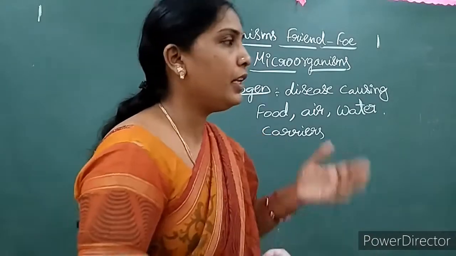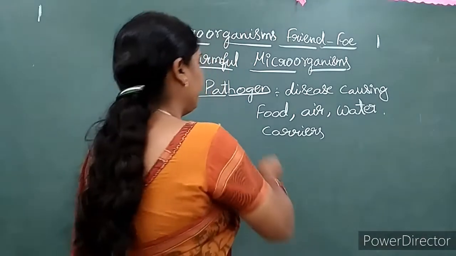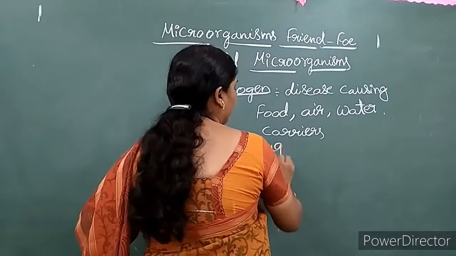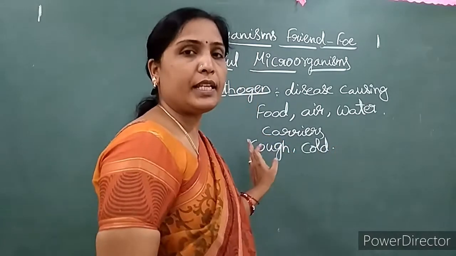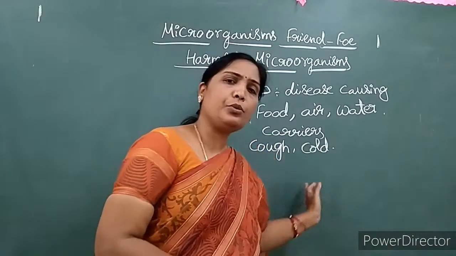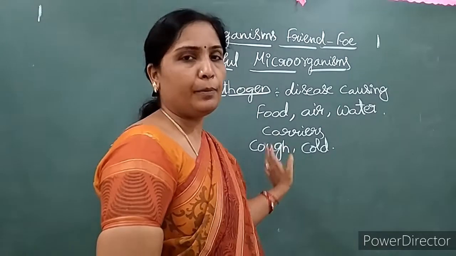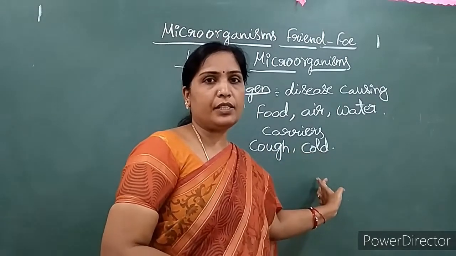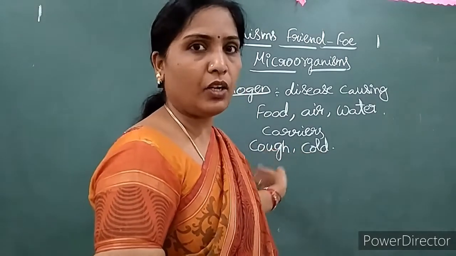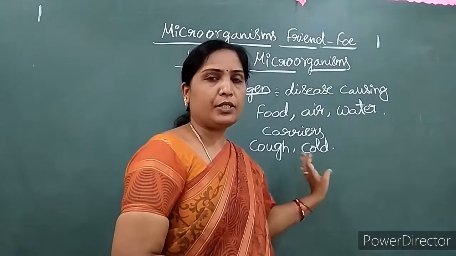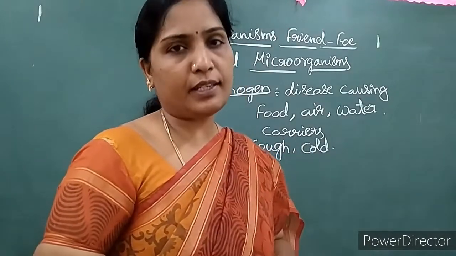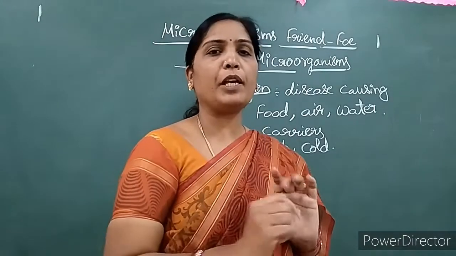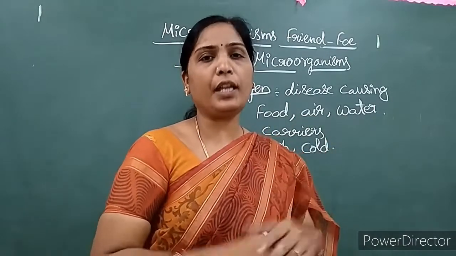That means these are the areas that give entry to the microbes. For example, if a person has a cough or cold, and you know they are caused by microbes like influenza, flu virus, these are all caused by viruses only. So when any person has a cold, when he sneezes, the droplets of microbes spread into the air.